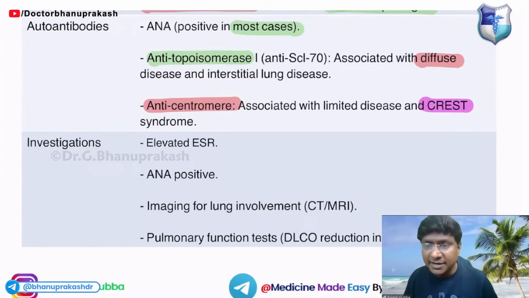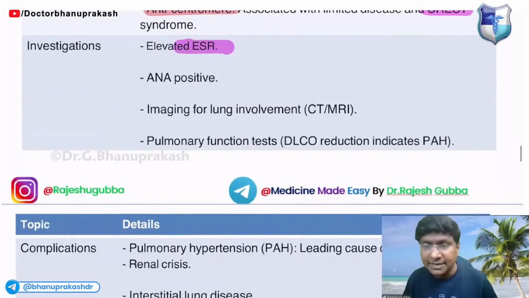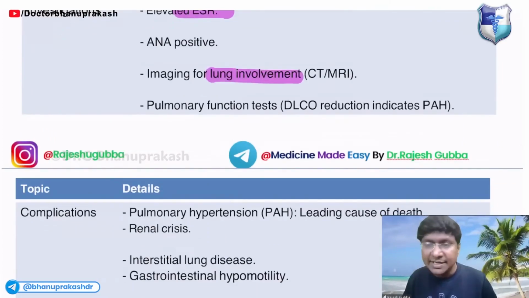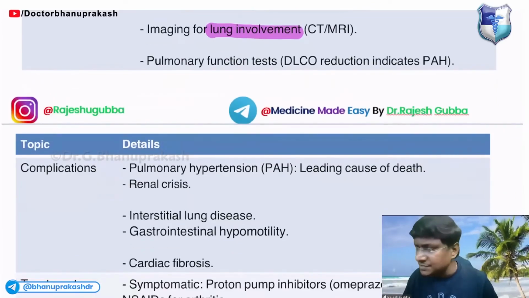And because it's an inflammatory condition, the ESR will be elevated. Right? And how will you be able to evaluate the lung involvement? CT as well as MRI. And what is that lung involvement? That will be in the form of interstitial lung disease. Now, because it is an interstitial lung disease, what does the pulmonary function test show?